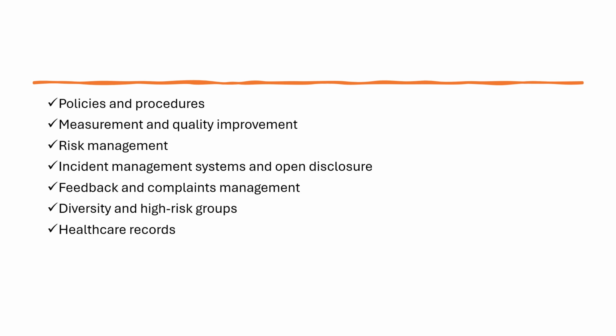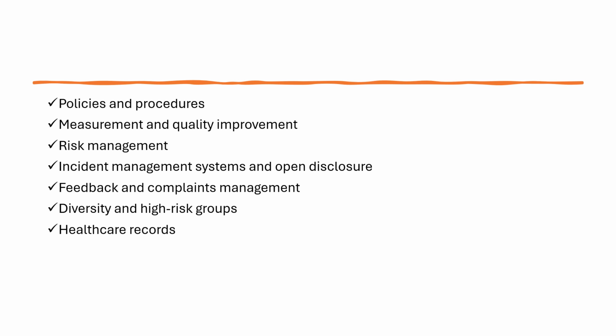Examples of these systems could be the policies and procedures that we have, the risk management system that we have, the feedback and complaints management system, the health care records and how we manage them. These are just to name a few. Now, what sort of activities can actually be involved in such? In this component, this is where we develop policies, procedures, and protocols. This is where we also monitor clinical performances.